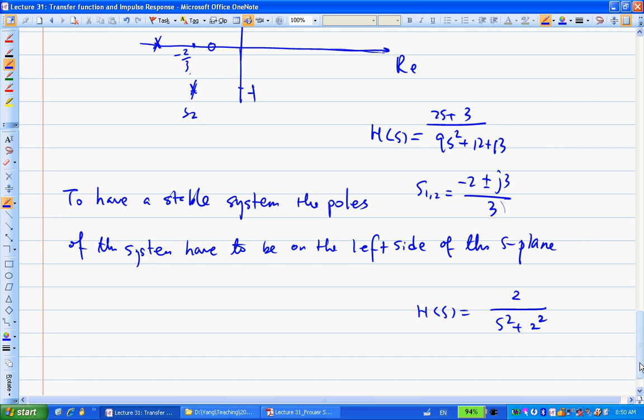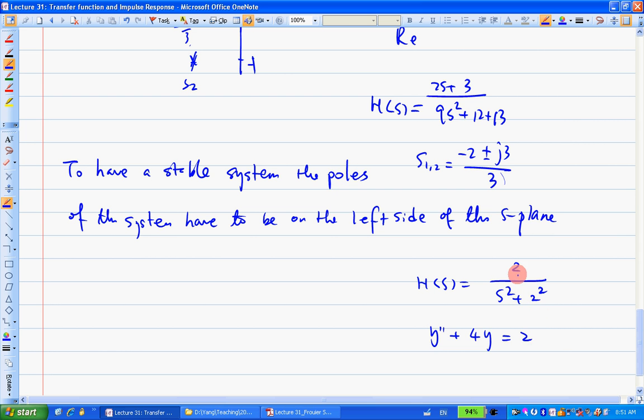This is basically a system y double prime plus 4y equal to 2 delta t, like an impulse response.